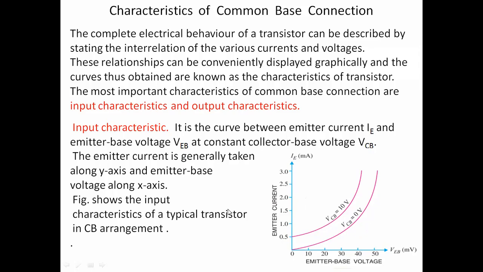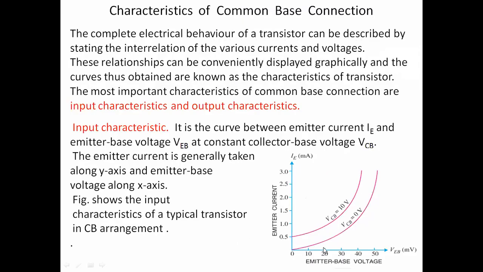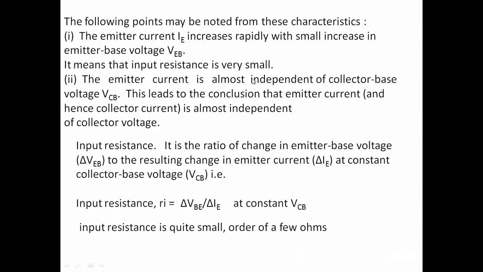These are called input characteristics. From this we can note some points. The emitter current IE increases rapidly with a small increase in the emitter base voltage. If you observe this, for a small value of VEB, the emitter current increases rapidly.